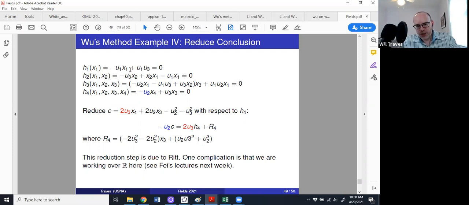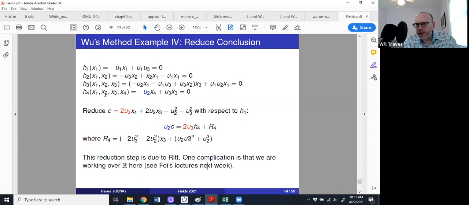And eventually you're just going to be left with a polynomial, hopefully in the U's. And that polynomial, if it's non-zero, then your theorem just isn't true. But if it is zero, then your theorem is proved. Essentially, you've shown that C is a polynomial combination of H1 through H4.